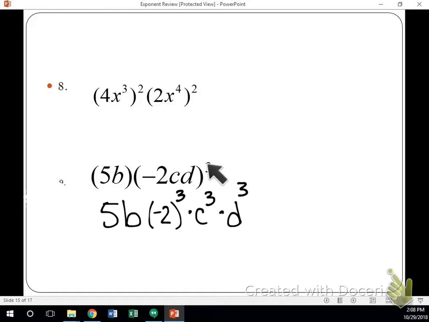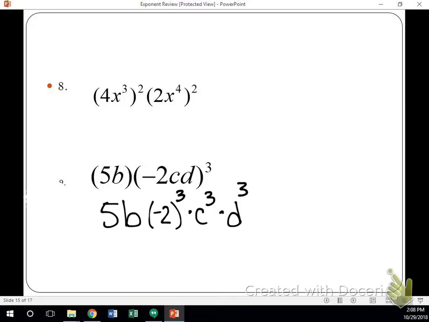That third power on the second set of parentheses gets given to every base inside that set of parentheses. Notice that I was careful to put my negative 2 in parentheses. We have to be careful when we apply exponents to negative numbers.